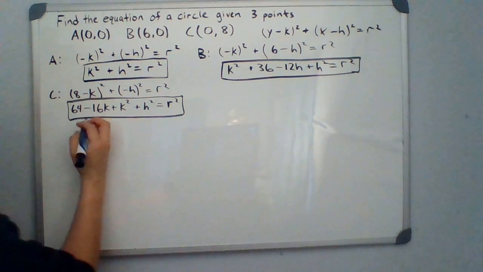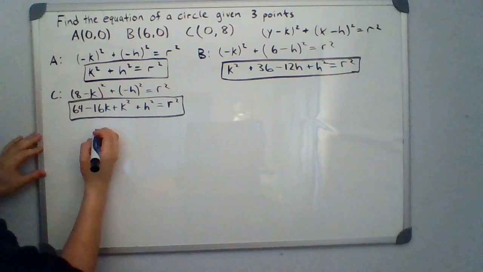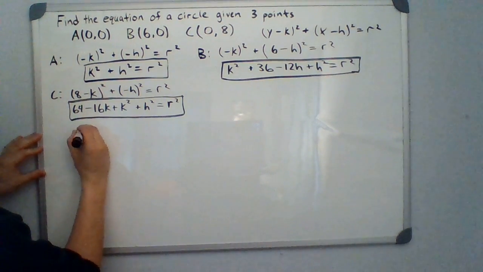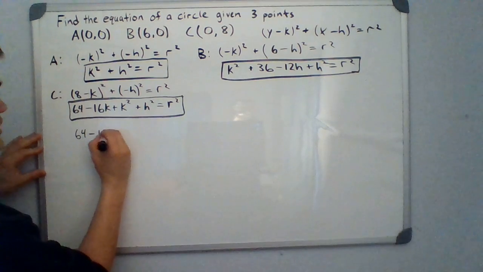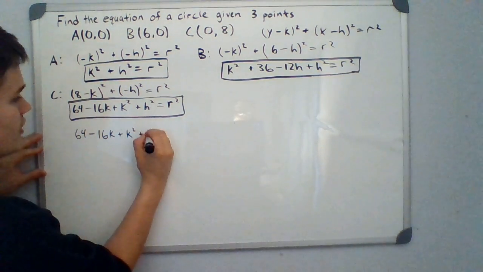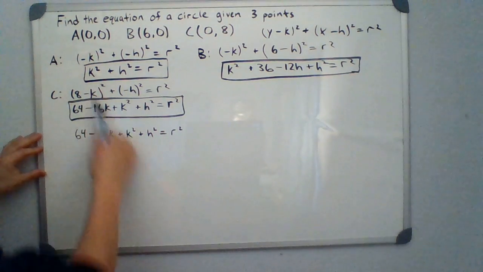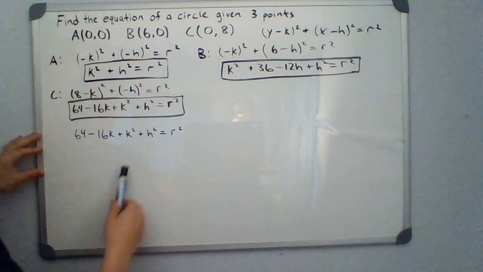So let's take C first, and I'm going to subtract A from C. So I have 64 minus 16k plus k squared plus h squared is equal to r squared. But I know k squared plus h squared is equal to r squared.